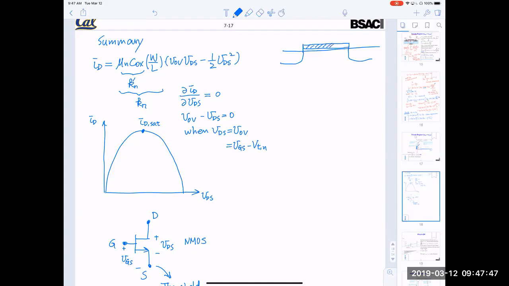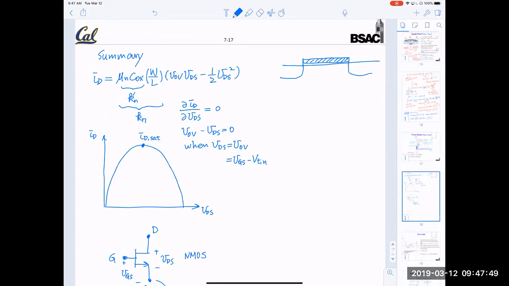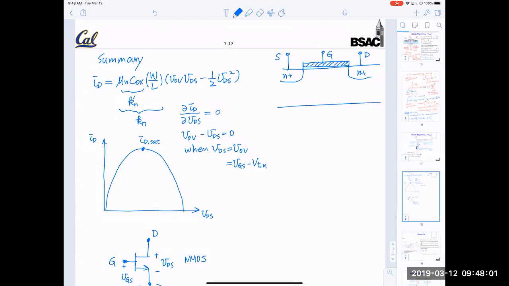And gate is shaded here. So this is gate, this is N plus doped, this is source, this is N plus doped, this is drain, okay? And the substrate is P doped, okay? P doped substrate.